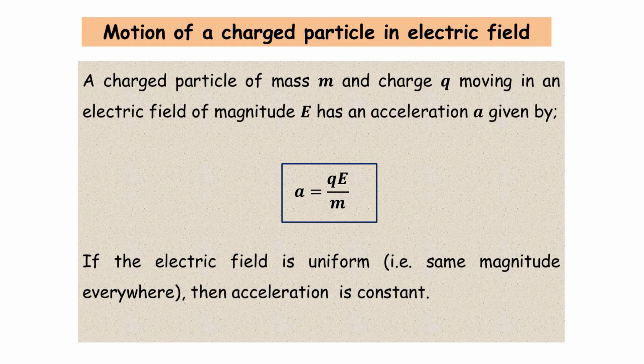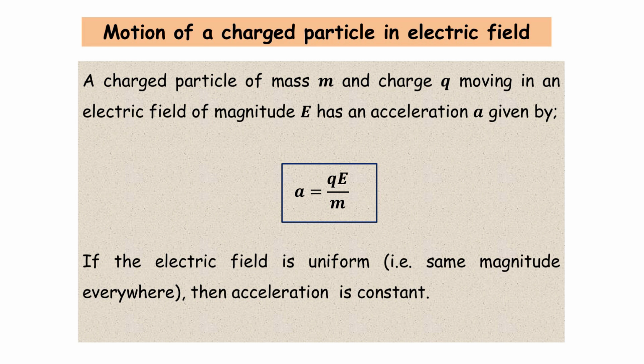Next, we will study the motion of a charged particle in an electric field. Students, do you know, when a charged particle of mass m and charge q moves in an electric field of magnitude E, it has an acceleration a.